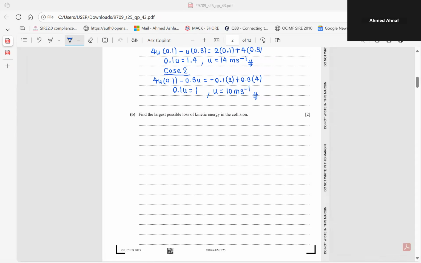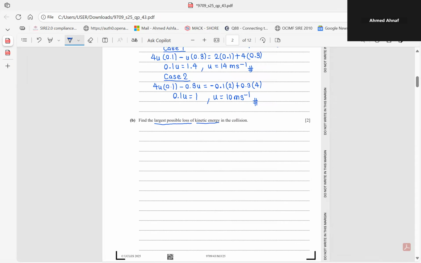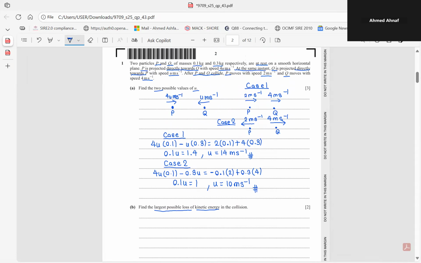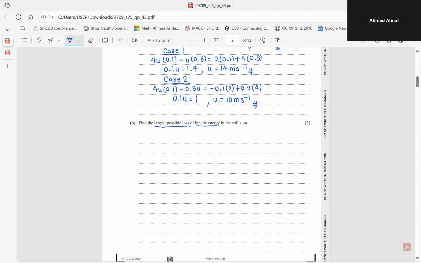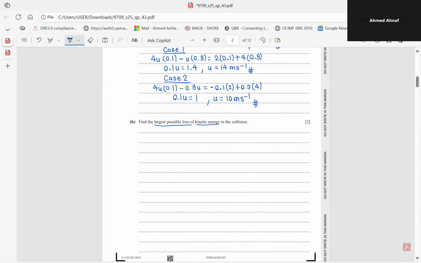For this part, we're supposed to find the largest possible loss of kinetic energy in the collision. To do this, let's first calculate the total kinetic energy. To calculate kinetic energy, just use half mv squared.